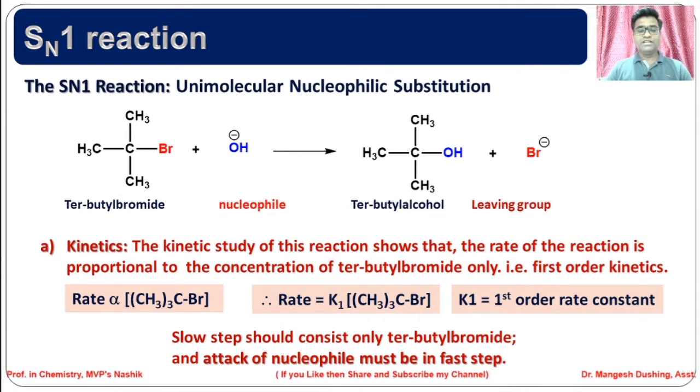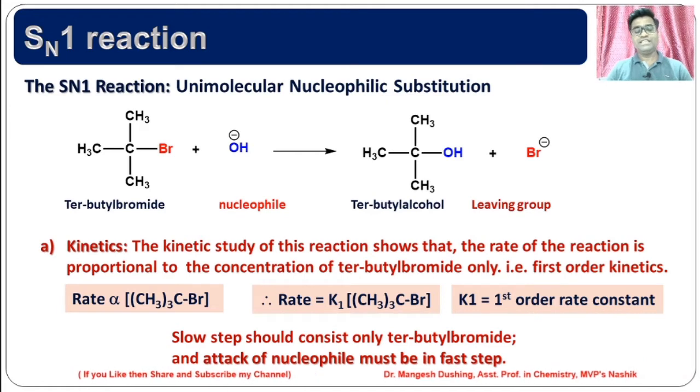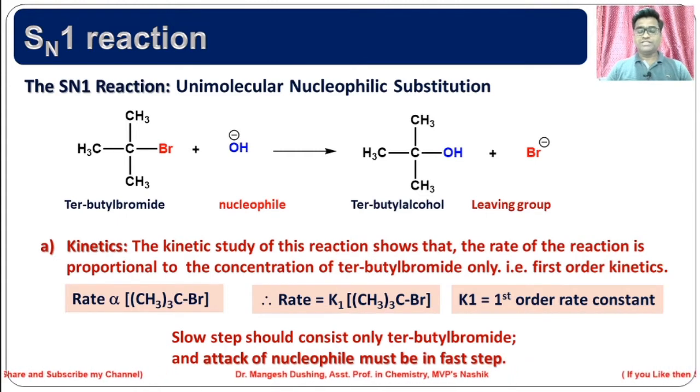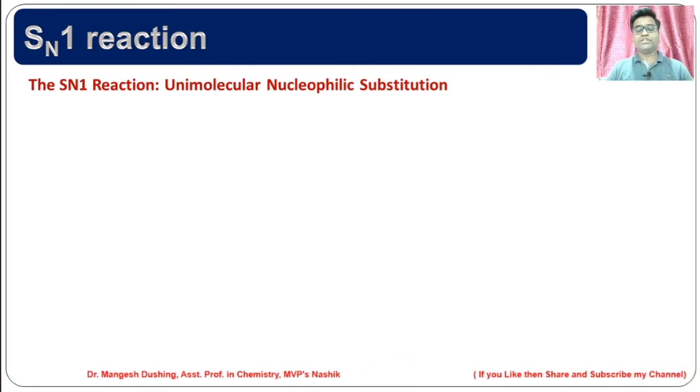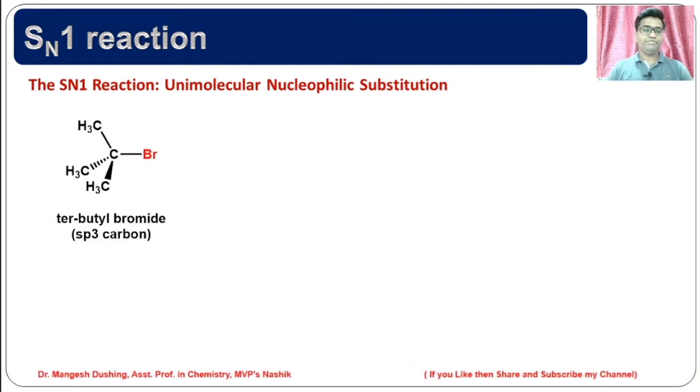It means that the attack of the nucleophile is not a part of the rate determining step, that is the slow step. It clearly indicates that the attack of the nucleophile must be in a fast step. So we will learn the SN1 reaction, that is unimolecular nucleophilic reaction, in detail.